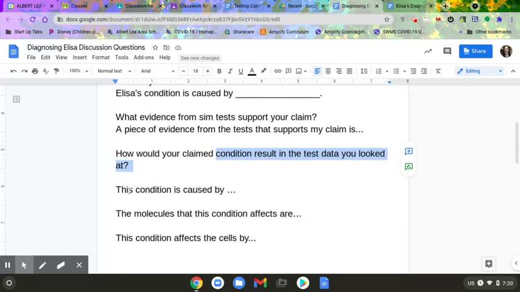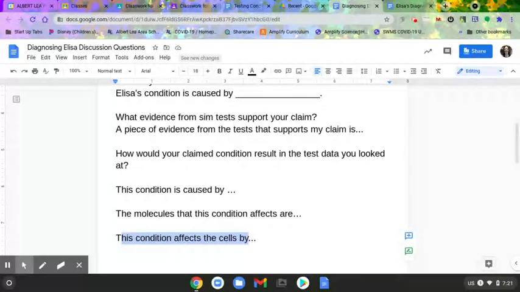So we want to know how the condition is caused, what molecules are affected, and how this condition affects the cells. I'm going to address this last question first, because whether it's diabetes or anemia, it's the same effect on the cells. If you're not getting enough glucose or not getting enough oxygen, whether it's one or the other, the point being those two molecules come together to make, you see my starburst jump, energy.